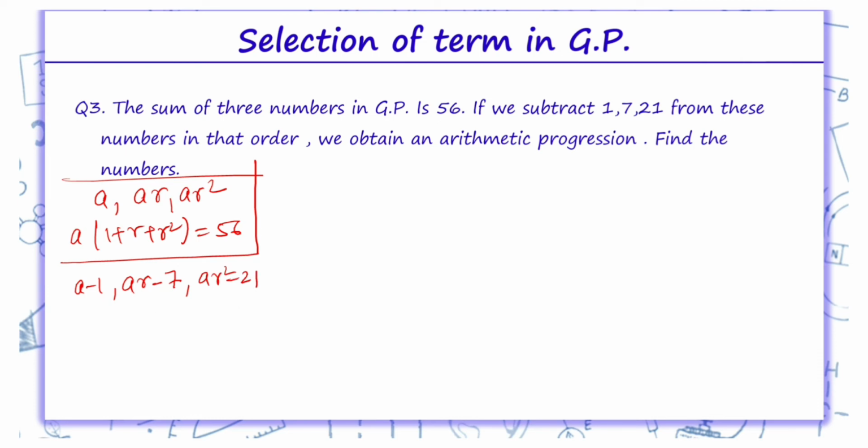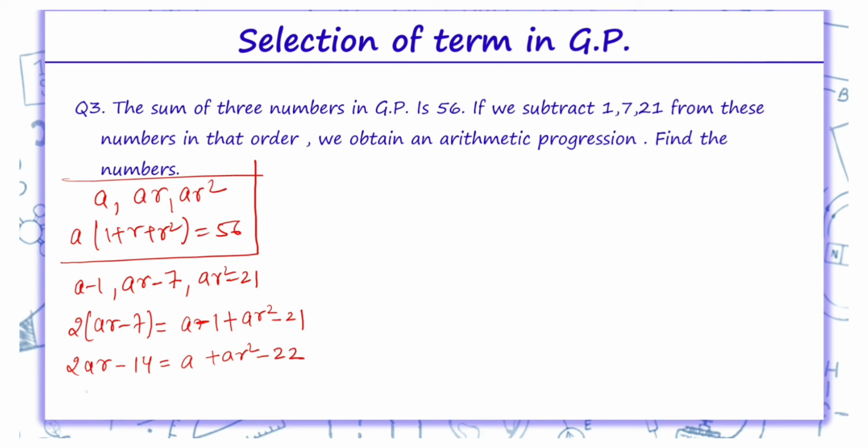So this becomes an arithmetic progression, that is 2 into (AR minus 7) is equal to (A minus 1) plus (AR square minus 21). So we'll solve it. 2AR minus 14 equals A plus AR square minus 21 and minus 1 will get minus 22. 14 will go to that side.